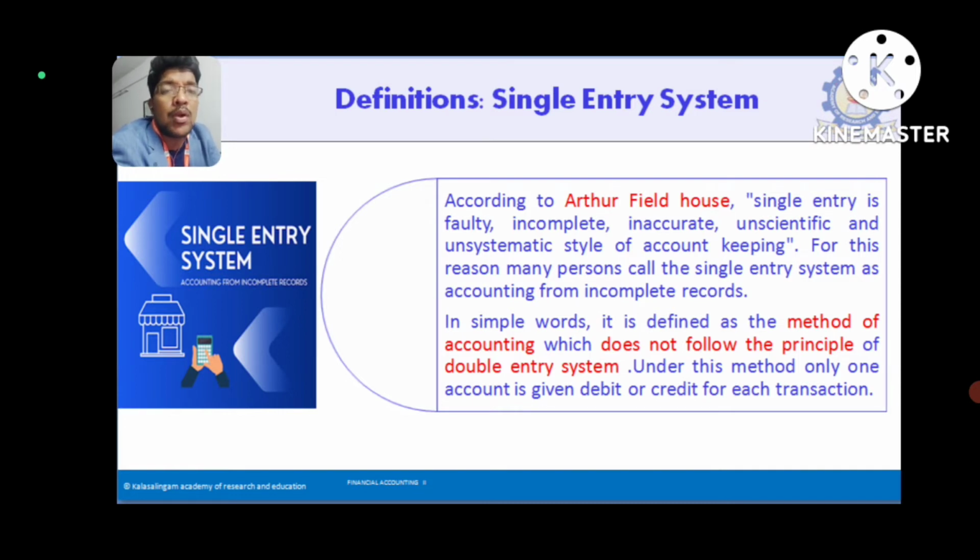In simple language, it is the method of accounting which doesn't follow the principles of the double entry system. We will discuss the double entry system later; first we need to know the single entry system. Under this method, only one account is given, debit or credit, for each transaction.